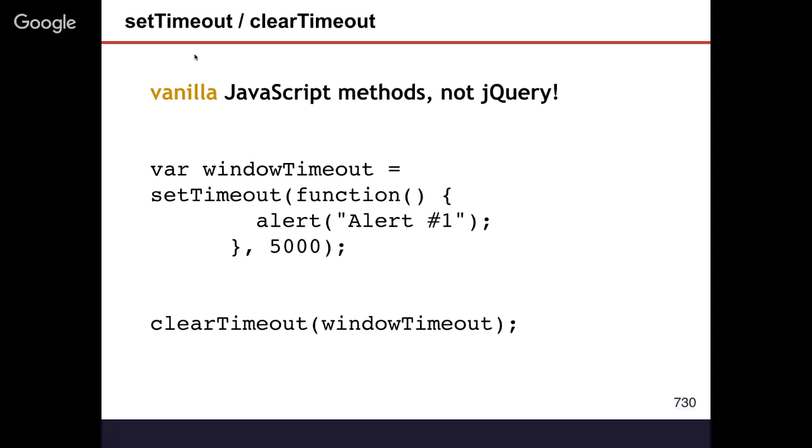Makes sense? ClearTimeout is basically saying that if I don't want to wait, if I hit this within the 5 seconds and call the clearTimeout function, the timeout I'm calling up here would be cleared and would no longer run. Okay? So that's the basics. Do you guys want to see an example of how that works?